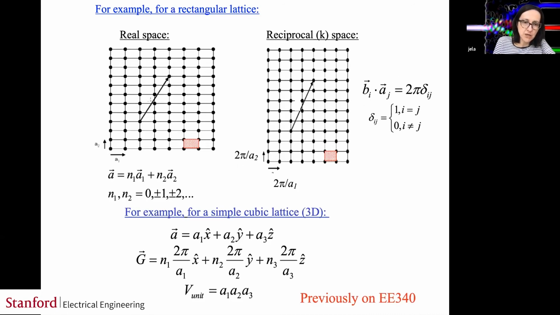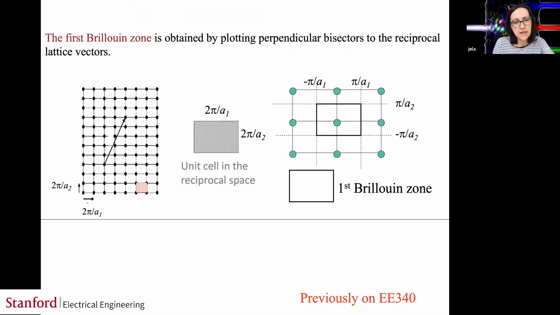And we also mentioned that the introduction of the reciprocal space lattice is important because we will be introducing Fourier transforms of the dielectric constant. It's a periodic function of space, and that's where the reciprocal lattice comes into play. And one more term we introduced or reviewed for many of you is the Brillouin zone. The first Brillouin zone is obtained by drawing perpendicular bisectors to nearest neighbor connections in the reciprocal lattice.